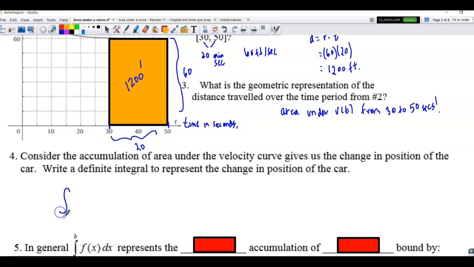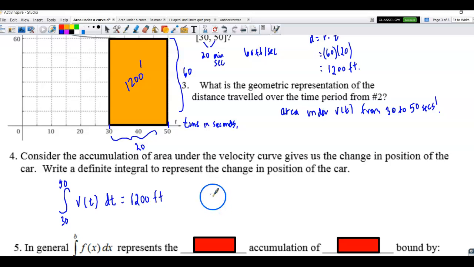We accumulated the area starting at 30 seconds, stopping at 50 seconds, underneath the velocity curve that was given to us with respect to time. And when we did, we got 1,200 feet.